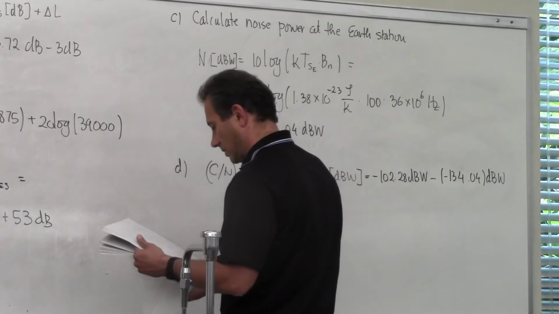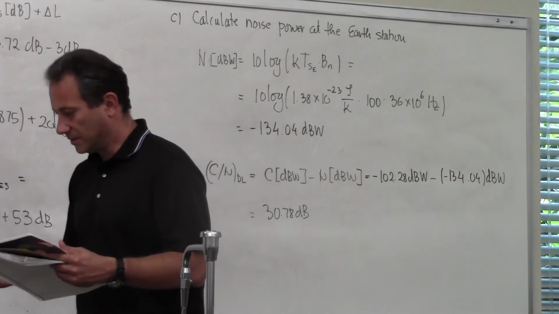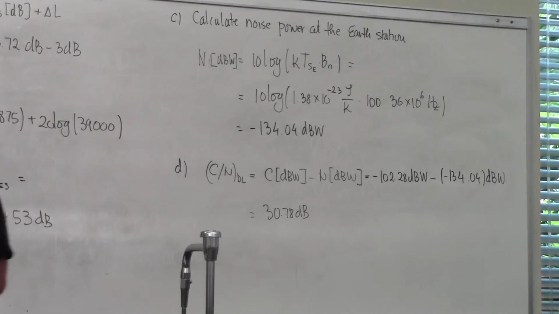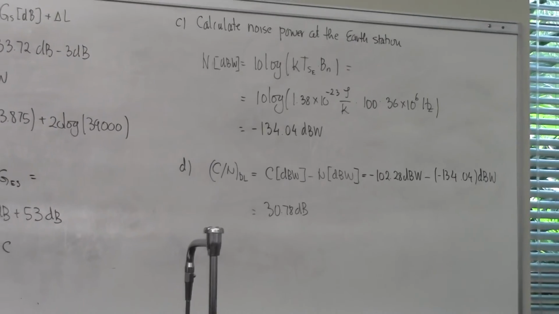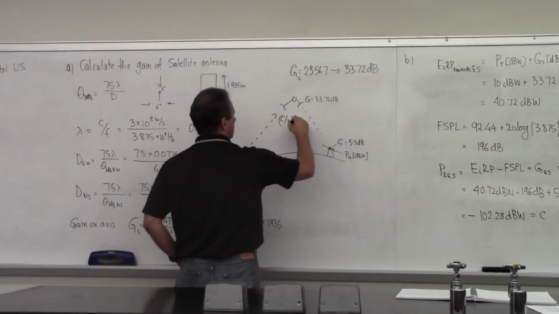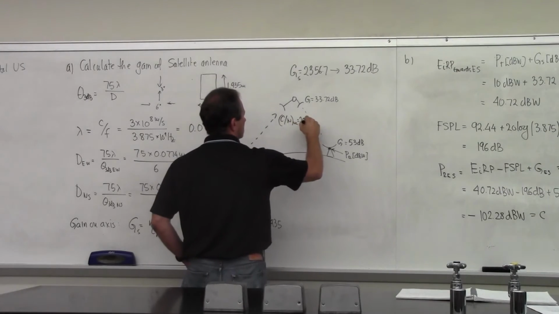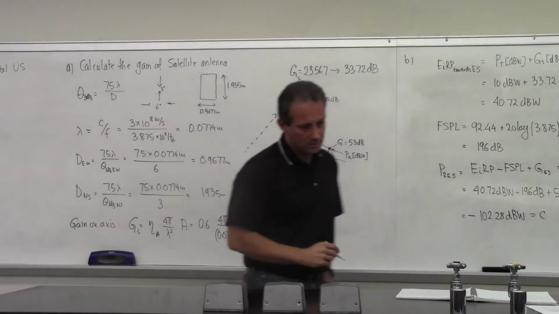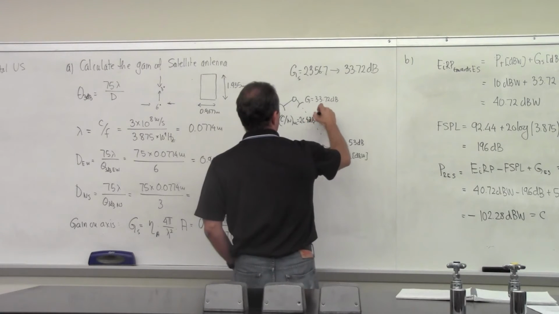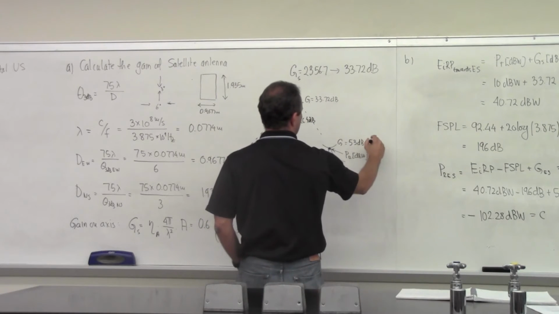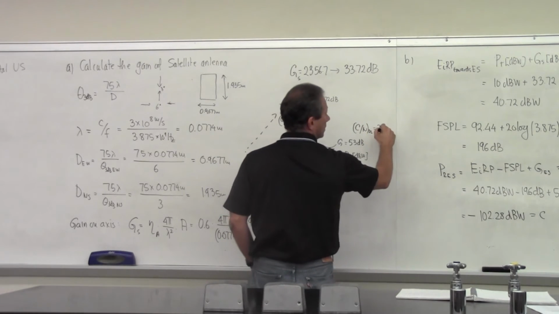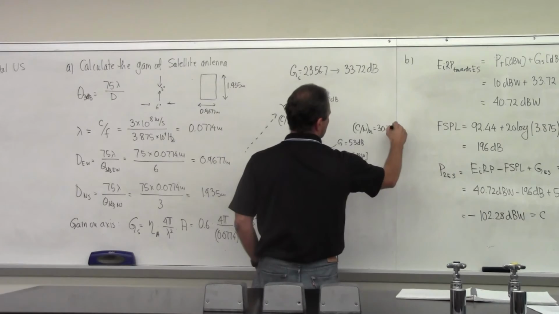Now, if we concatenate this with the first problem, this is the end of the problem, right? But let me ask you this: when we did the uplink calculations, we determined that C to N on the uplink was 26.4 dB, and then C to N on the downlink was 30.78 dB.